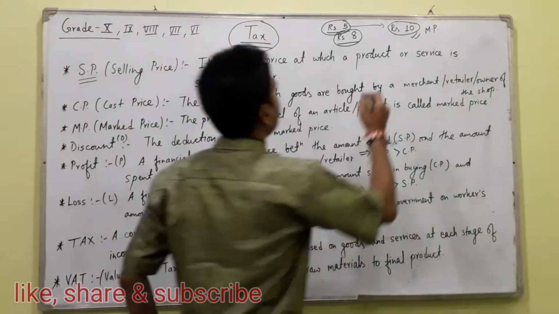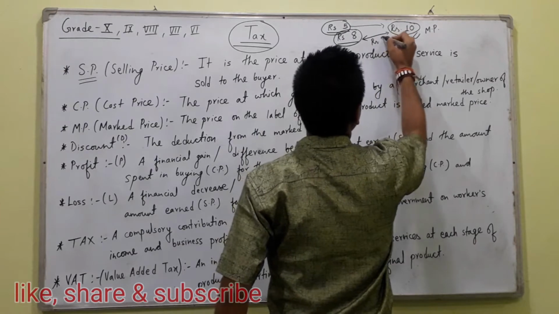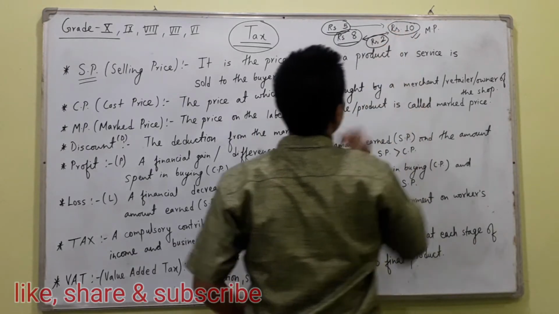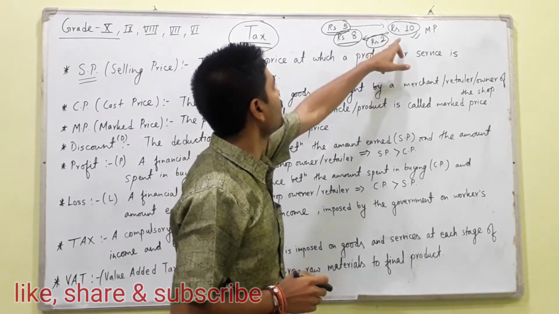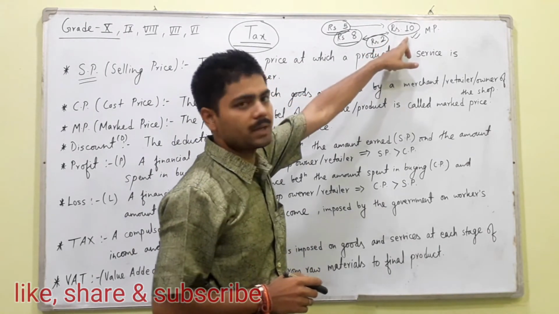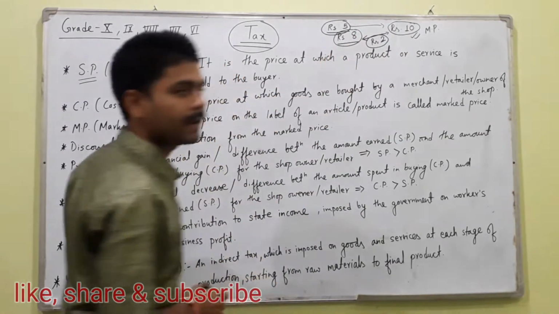And what is the difference between rupees 10 and rupees 8? That is rupees 2. So the shopkeeper gives you a 2 rupees discount, and instead of paying 10 rupees, you have to pay 8 rupees to the shop owner to buy that pencil.